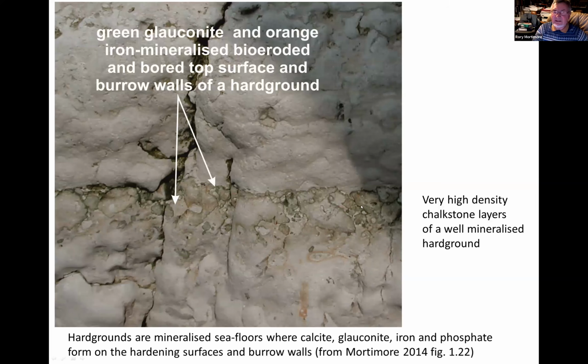And just to give you an idea what that chalk rock means, if you've not seen this before, this is a surface of what we call a hard ground. It's green, it's mineralized with glauconite, it's mineralized with calcite, it's mineralized with iron, and it's also mineralized a bit of phosphate. And it's got a bored surface on the top.